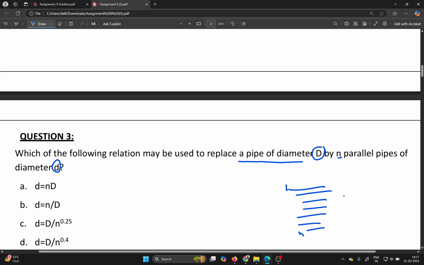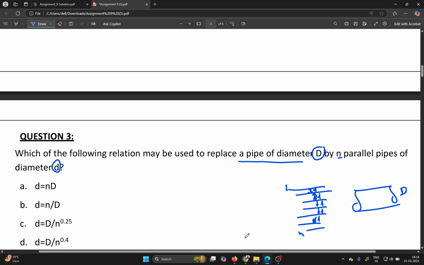You need to replace this by only a single pipe of diameter D. All diameter of the pipe is small d everywhere. Every pipe is same. Each pipe is same diameter. So just think on that. The condition of parallel pipe, that is the head loss condition, discharge condition, then you try to solve.